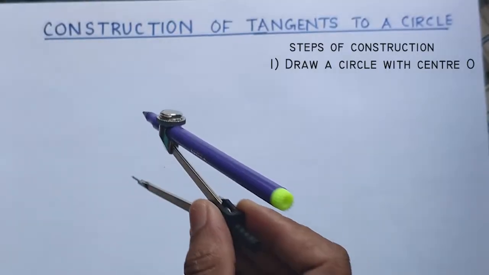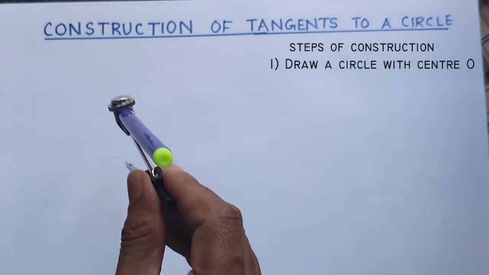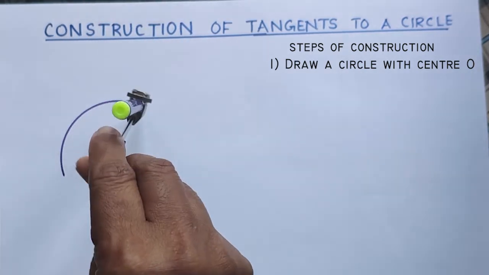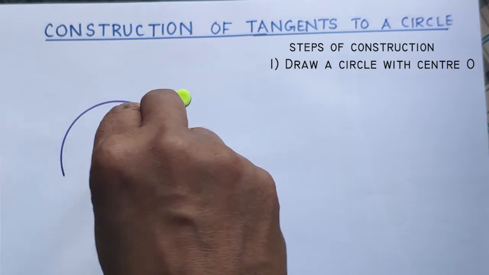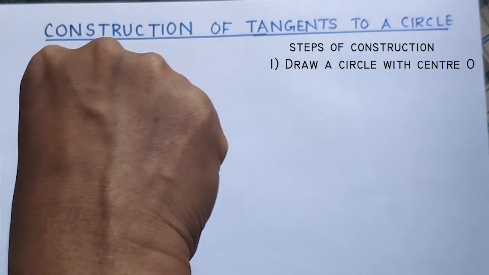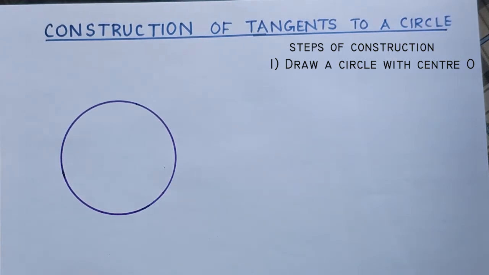For that, let's draw a circle. Any radius we can select. Take a point outside the circle.